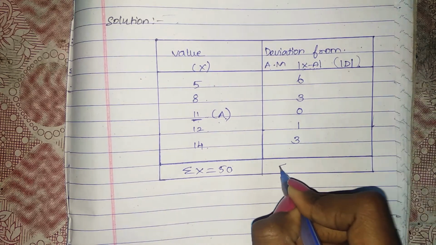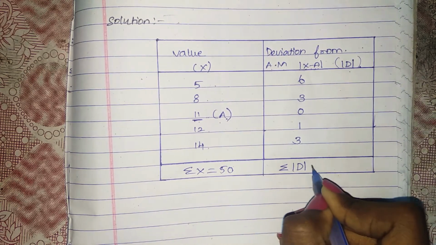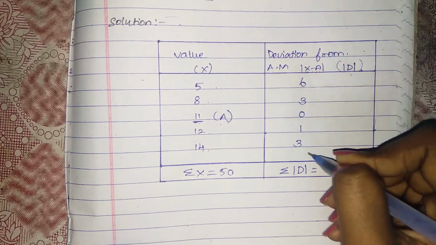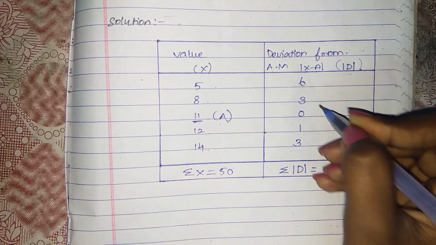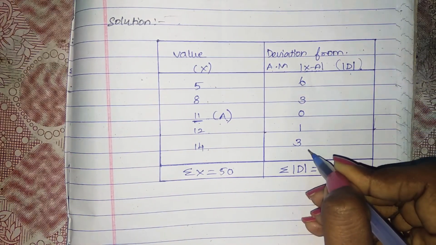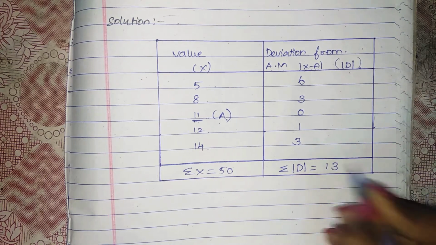Now we find the summation of modulus d by adding all these numbers: 6 plus 3 plus 0 plus 1 plus 3 is equal to 13.